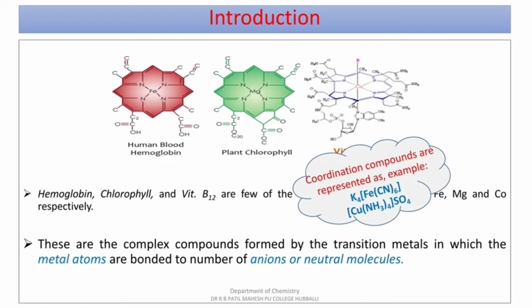Fe and Cu, which belong to transition elements, are accepting the pair of electrons from CN and NH3 respectively. CN and NH3 are the donors of electrons, which are Lewis bases, and Fe and Cu have vacant orbitals which can accept the pair of electrons, leading to the formation of one coordination compound.